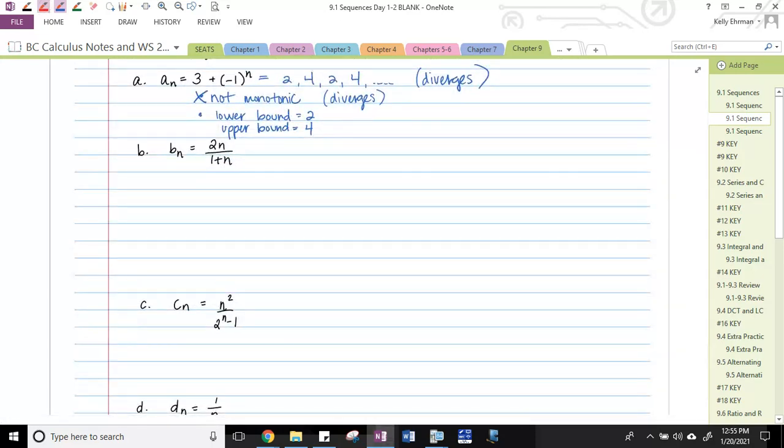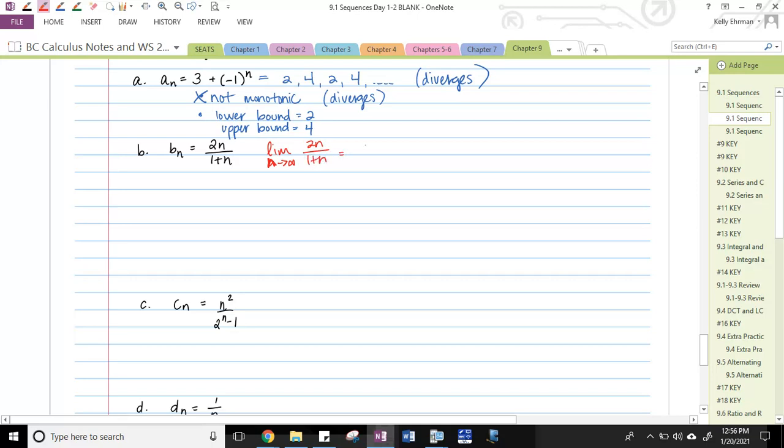All right, what about this next one? If I'm actually figuring out if this converges, and what it converges to, I'm not going to bother with the monotonic bounded sequence theorem. I'm just going to take the limit of this thing and see what happens. The limit as n approaches infinity of 2n over 1 plus n.